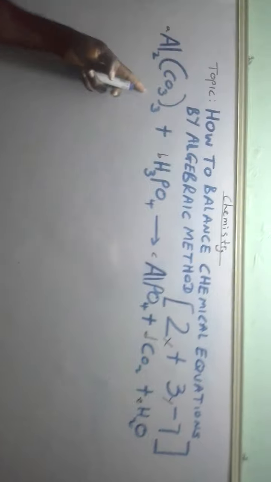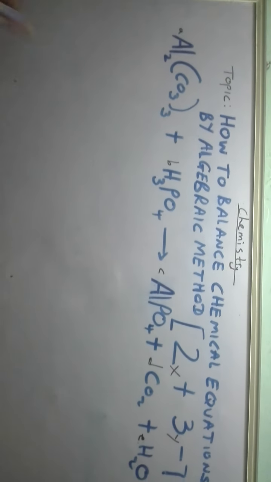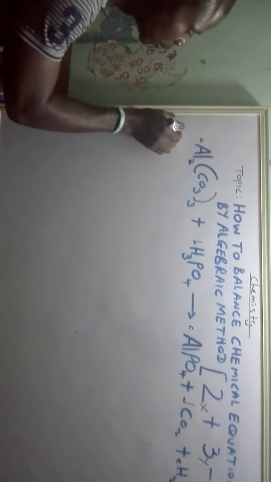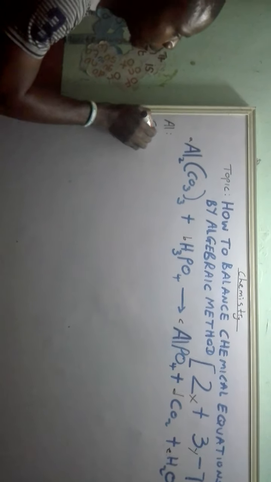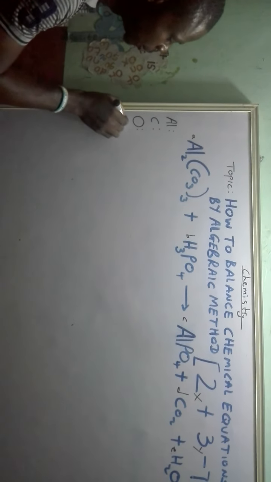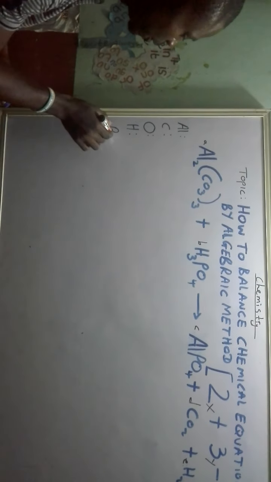Now in each compound, we have players. So you write each player out, starting with aluminium, followed by carbon, followed by oxygen, followed by hydrogen, followed by phosphorus. So these are the players.